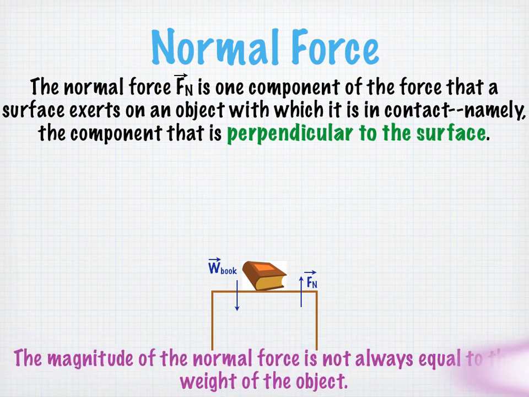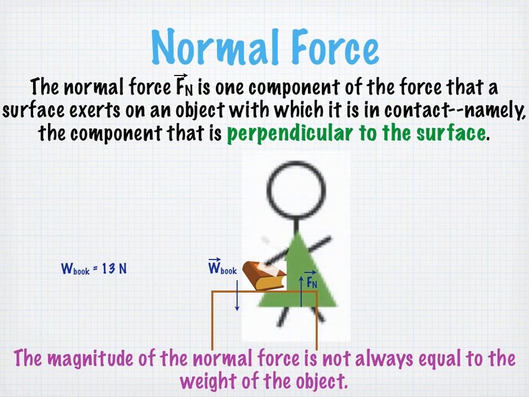But the magnitude of the normal force from a surface to an object is not always equal to the weight of the object. For example, let's say the magnitude of the weight of our book is 13 newtons. Then let's say I'm pressing straight downward on the book with a force of magnitude 9 newtons.